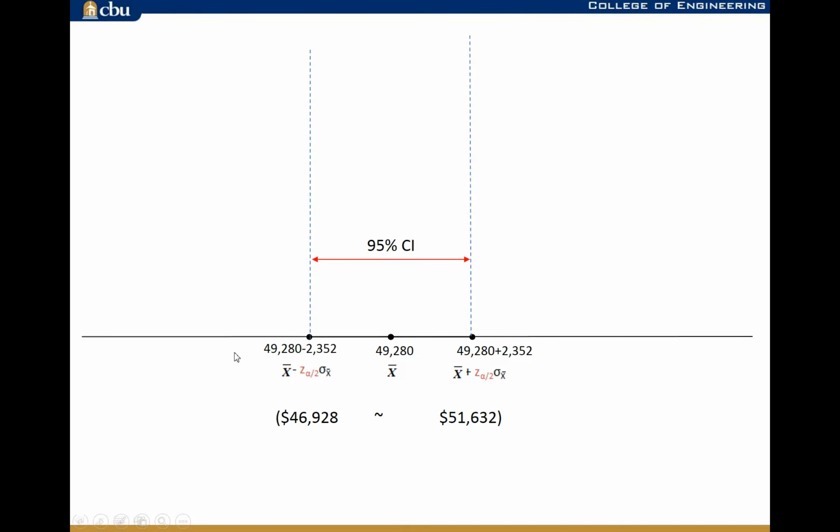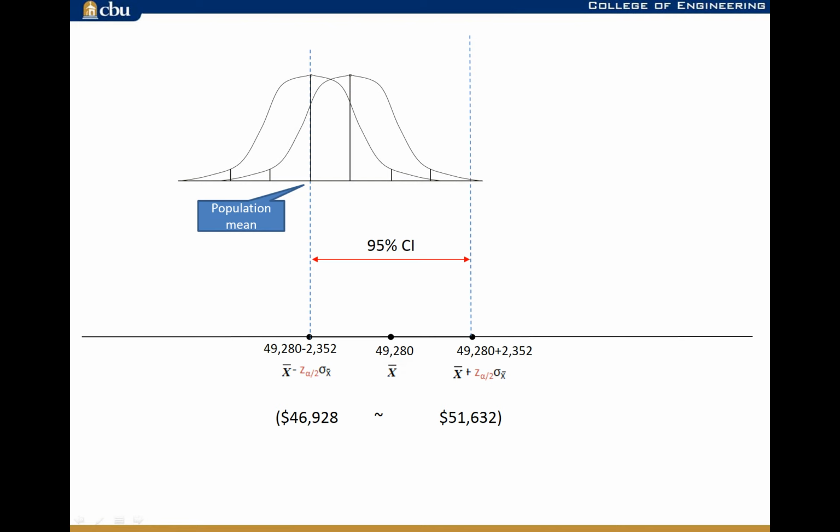So we can show it like this, and this is exactly the experiment we have from the 36 data. The population mean may go like this, or like this, or like this, so the population mean is distributed in this area.